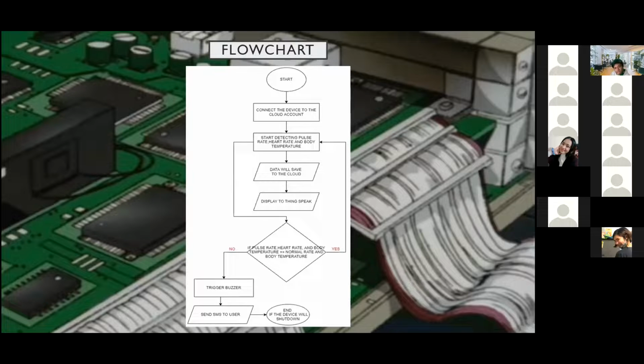And if it is not equal to the normal rate and body temperature, it will trigger the buzzer and send an SMS to the user. And thus, the device will now shut down. So that is the flow chart.